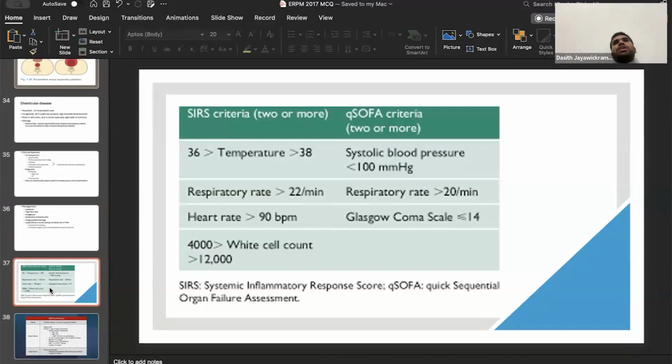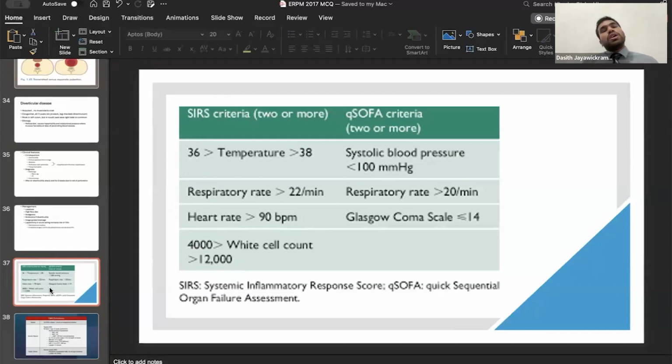The diagnosis and management of sepsis depends on the Surviving Sepsis guidelines. The Surviving Sepsis guideline was introduced in 2004, as I remember, and over time it has evolved, and the latest edition was published in 2021.